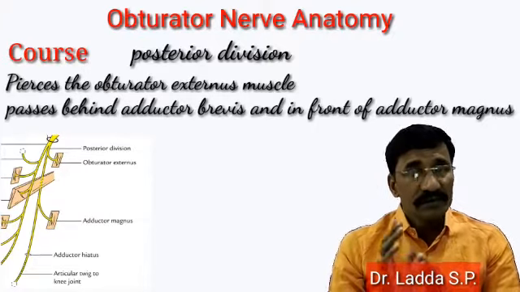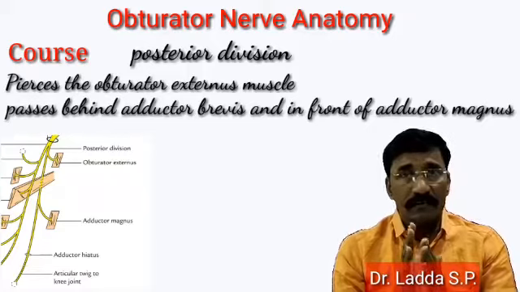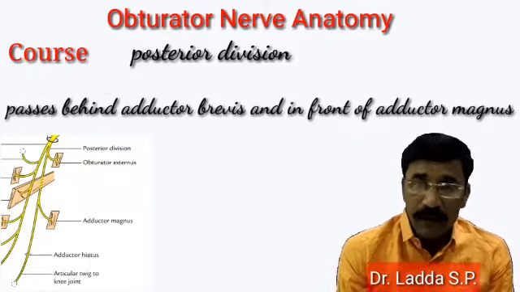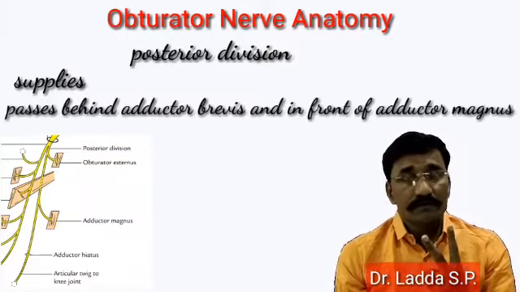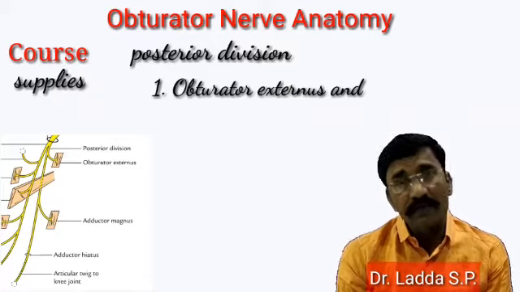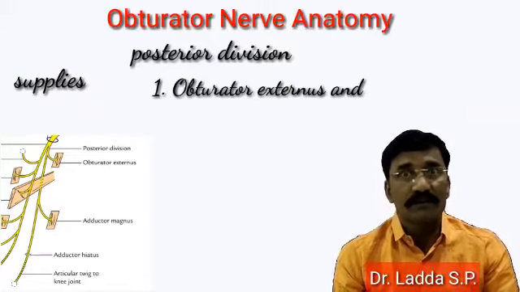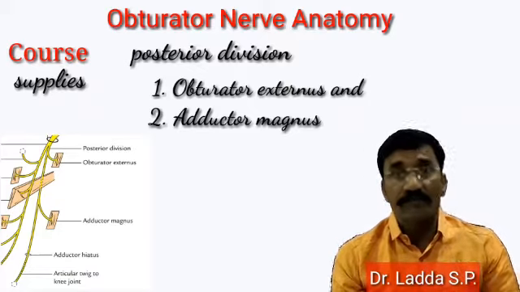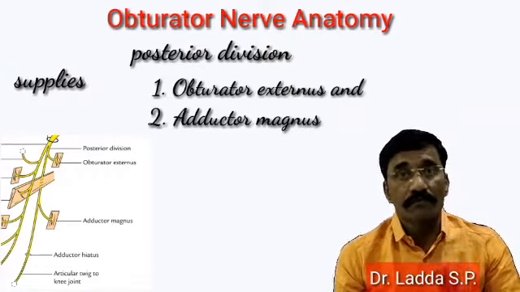Means this division lies between adductor brevis and adductor magnus muscle and supplies two muscles. Which are those two? Obturator externus and adductor magnus. These two muscles are supplied by the posterior division of obturator nerve.